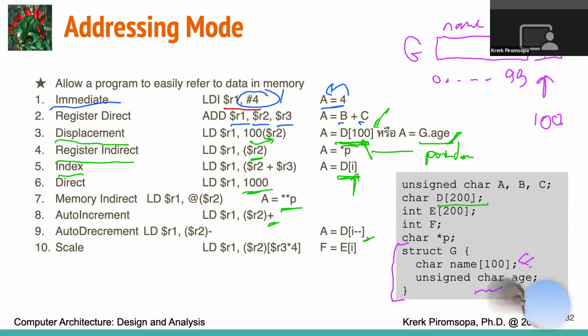Similar thing, auto decrement. And scale, you do some calculation, like since integers are 4 bytes, if you want integer I, it's I times 4, then add it back.